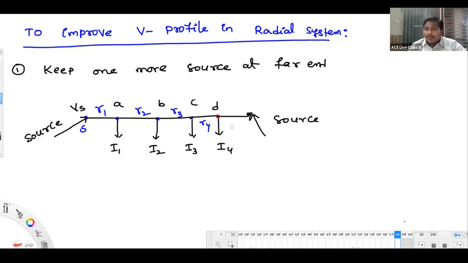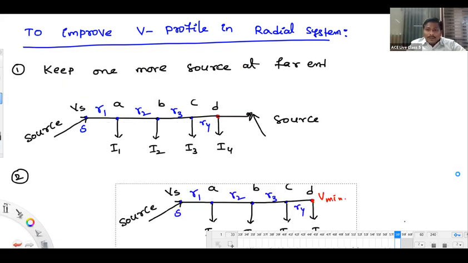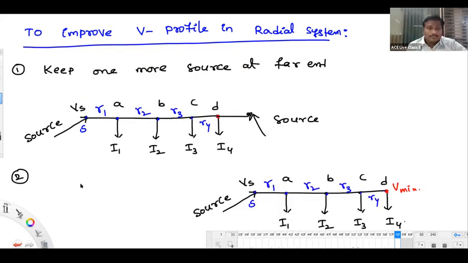One more technique is with only a single source available. So this is the radial system we have, right? Why are you keeping the source at the far end? Try to keep your source maybe at the middle. It may not be exactly at the midpoint. Keep it at some place rather than at the end, like this.